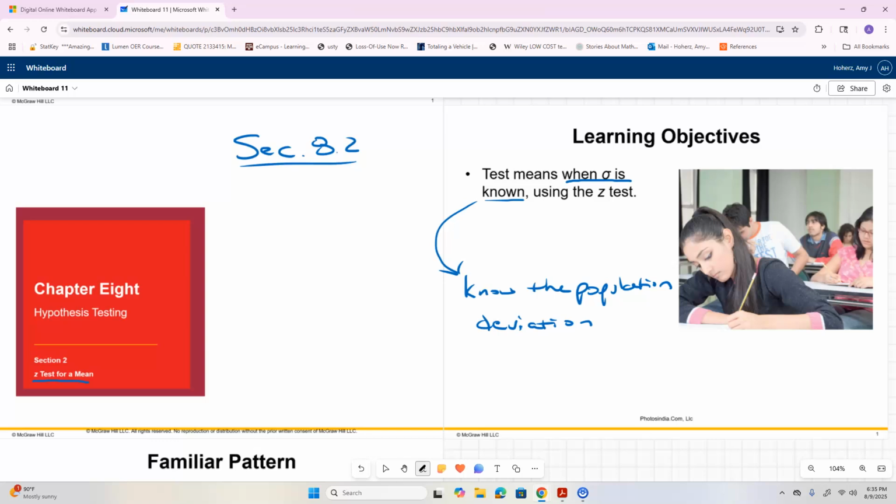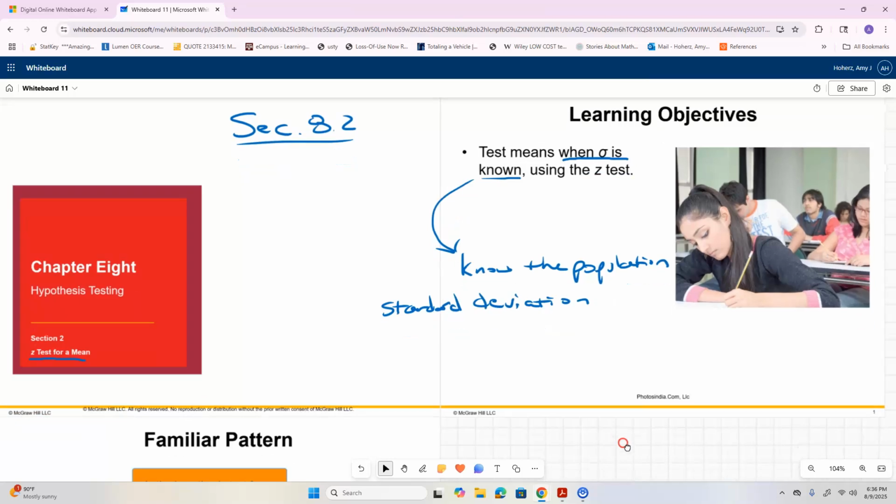So we're doing this first because it's a little bit easier, even though it's not as realistic. And then in section 8.3, we will do a test for the mean where we don't know the population standard deviation. I missed a word here. I said population deviation instead of standard deviation. Okay, so right now we're going to be working as if we know the population standard deviation.